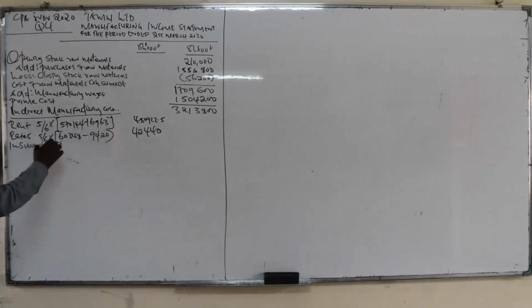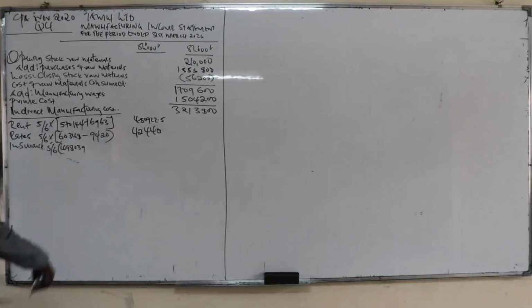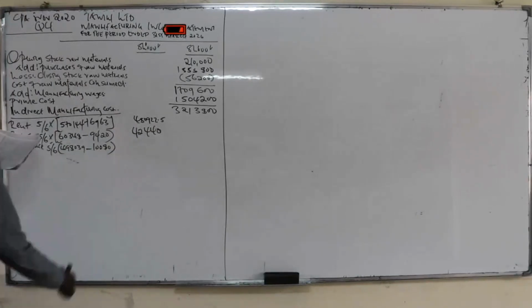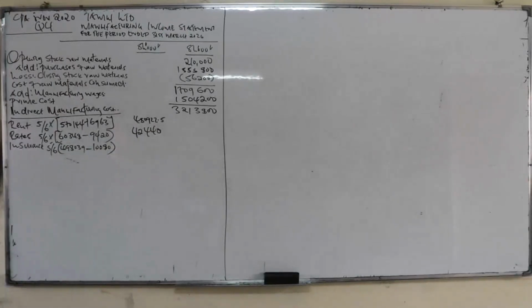The insurance that is paid is how much? 498,039. And then we have prepaid of how much? 10,080. There it is. How much does it come to? I'll give you time to write.